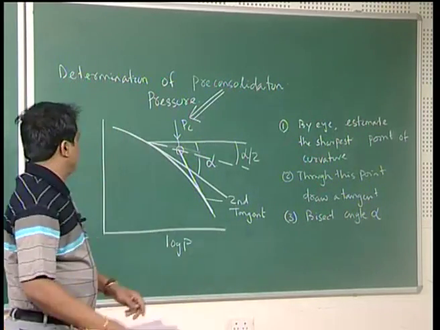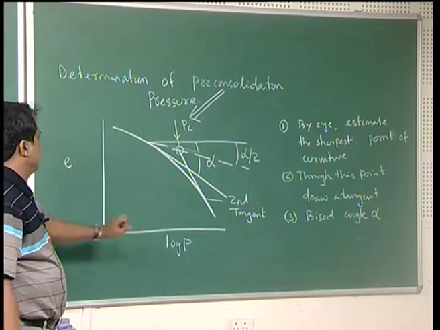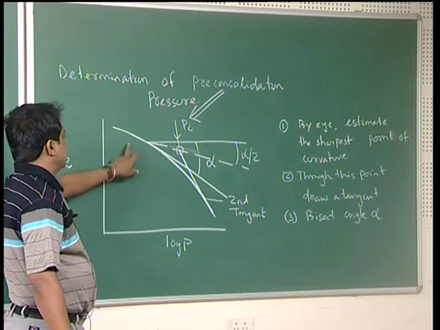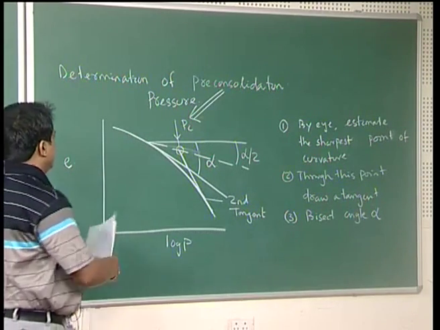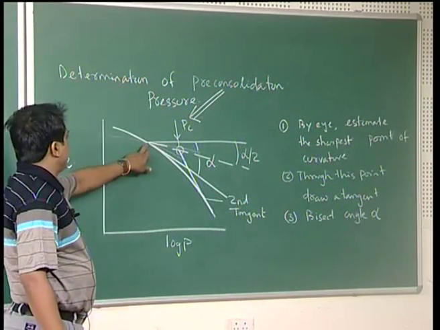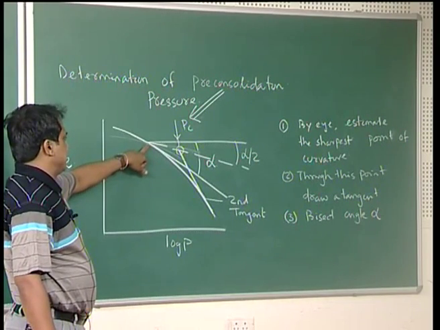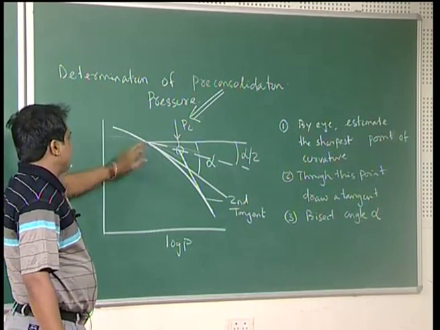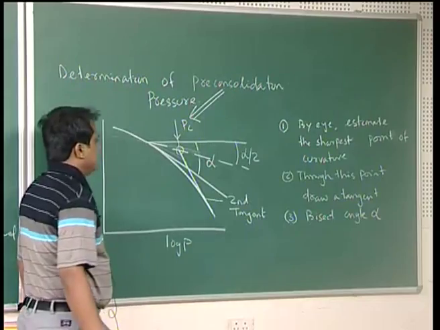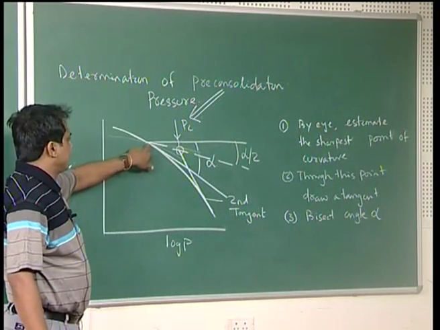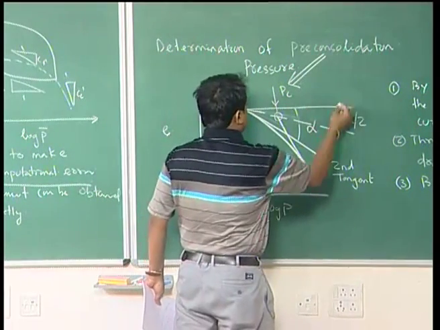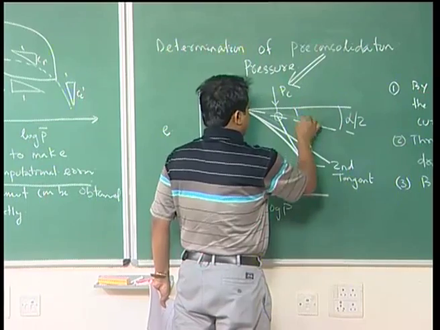Once again I am repeating: draw e versus log P. Then by eye, estimate where the sharpest point of the curvature is. It may be like this, sometimes like this. Once you identify the sharpest point by eye, draw a tangent through that point, and also draw a horizontal line through this point to generate angle alpha.